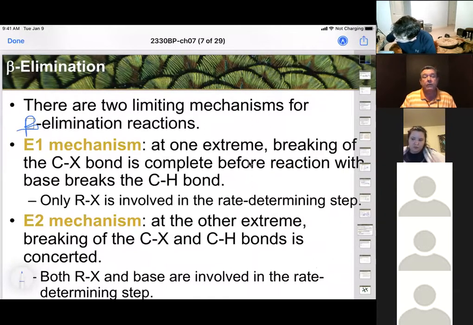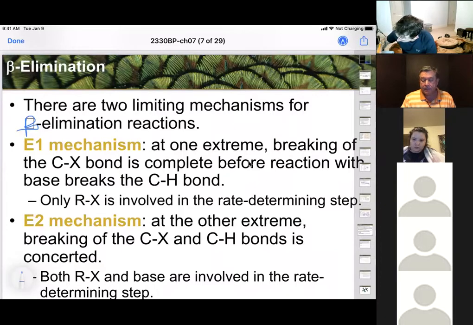You have to break a bond first and then remove the hydrogen second. In contrast, in an E2 mechanism, the base comes in and starts tugging on the hydrogen first, and then the electrons kick in and that kicks out the halogen. So it's bimolecular, the base is involved in the system.